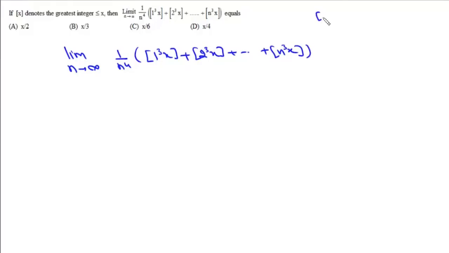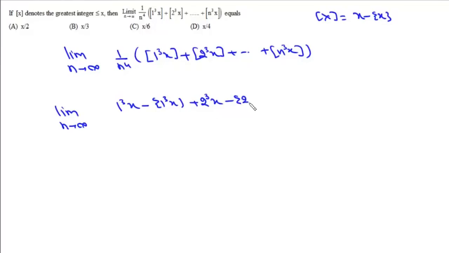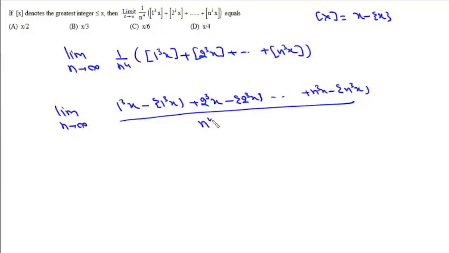Now we know that the greatest linear function of x is x minus fractional part of x. So we'll write this as limit n tends to infinite of 1 cube x minus fractional part of 1 cube x plus 2 cube x minus fractional part of 2 cube x up to n cube x minus fractional part of n cube x, whole divided by n to the power 4.